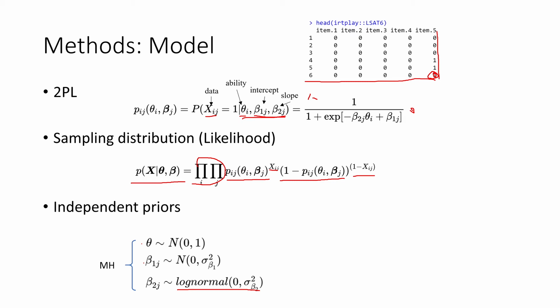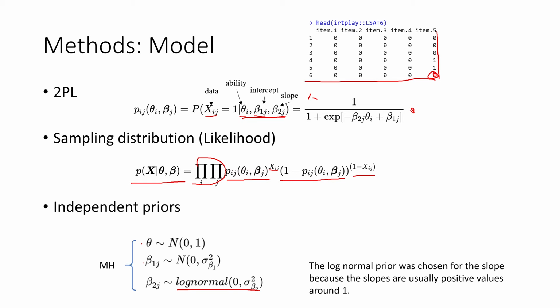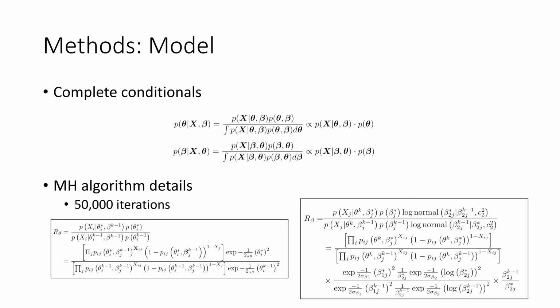The log transformation was taken because the slopes are usually positive values around 1, and the log of it can be any real number. The complete conditionals are proportional to the product of likelihood and the prior. MH algorithm was used for estimation, and the MCMC chain has 50,000 iterations. And these are some details for coding.